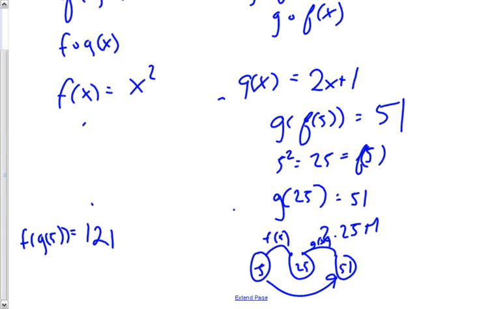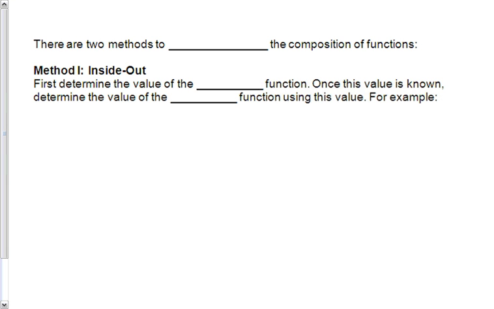We're going to do this in two ways: either find a formula that represents the composition, or plug numbers in. The first is the inside out value: determine the value of the inside function by plugging in your number, then use that new number and apply it to the outside function.